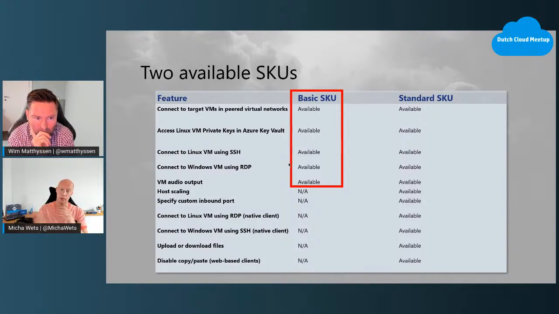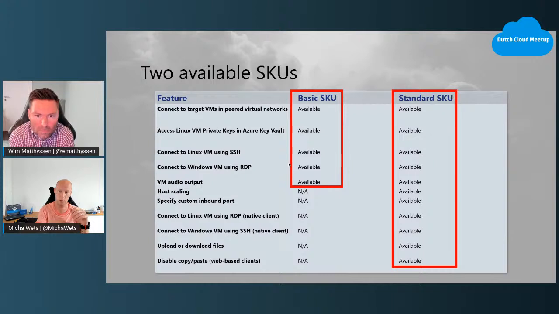If you want additional options, then you have to go to the standard SKU. The standard SKU has the scaling possibility, so you can manually scale if you want. You can even change the inbound port. And a really important feature is that you can use your native client.